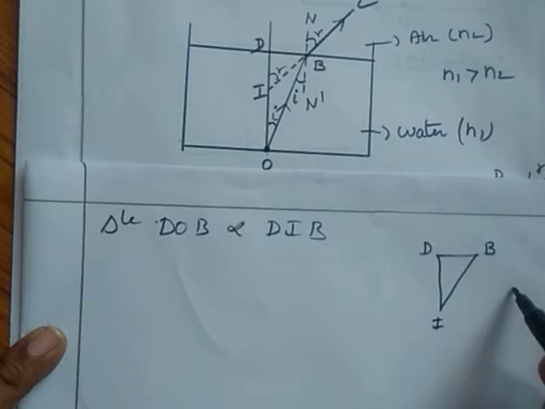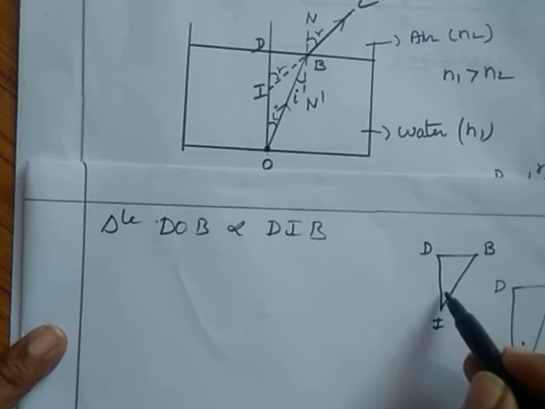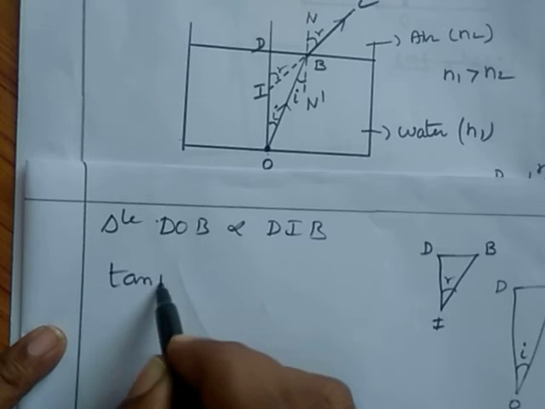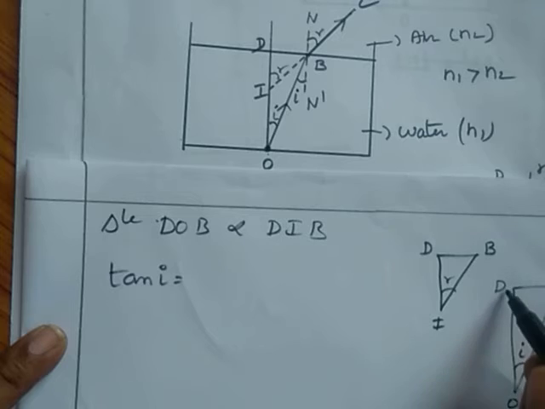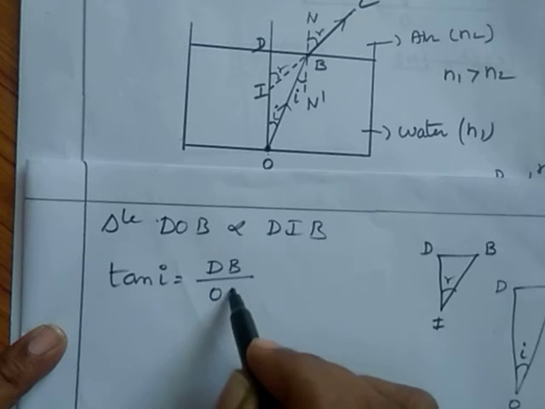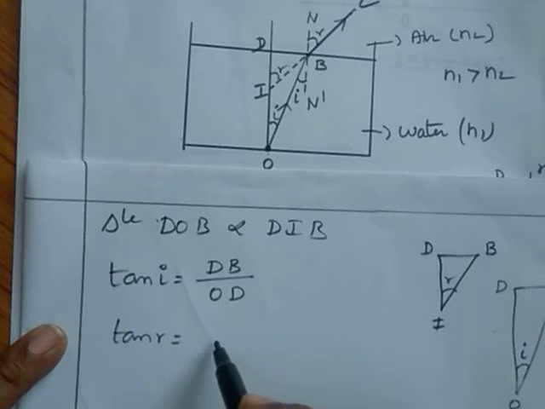This is I, this is R. So I am considering tan I. Tan theta is equal to opposite side by adjacent side. Opposite side is DB, adjacent side is OD. Then tan R is equal to DB by DI.